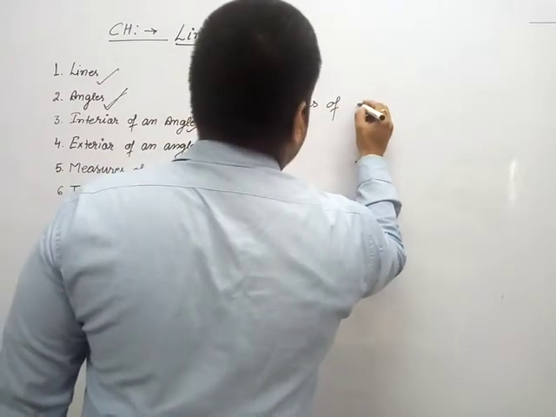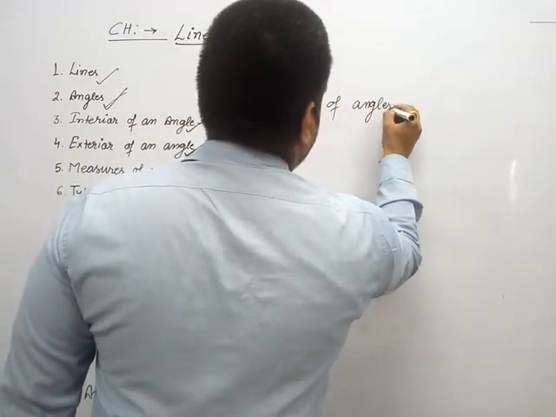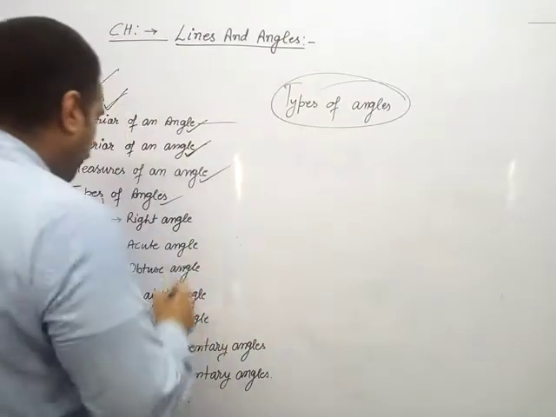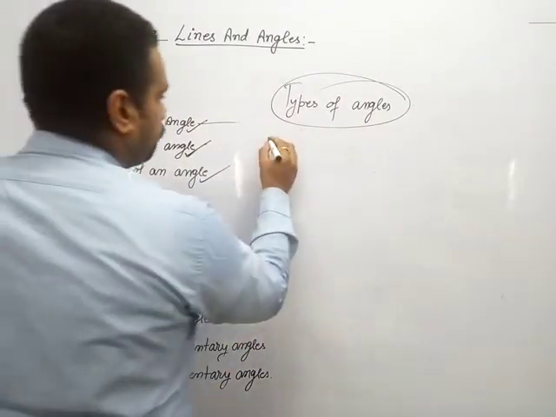Types of angles. In types of angle, first is right angle.